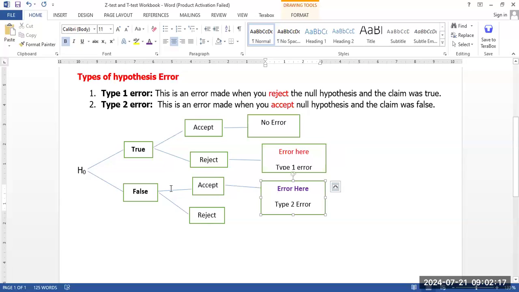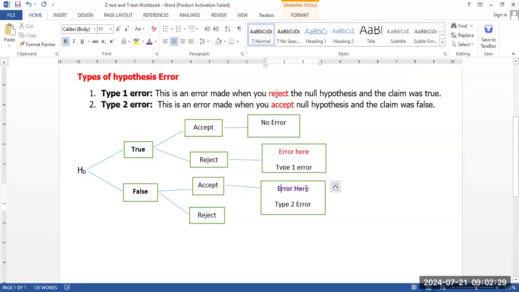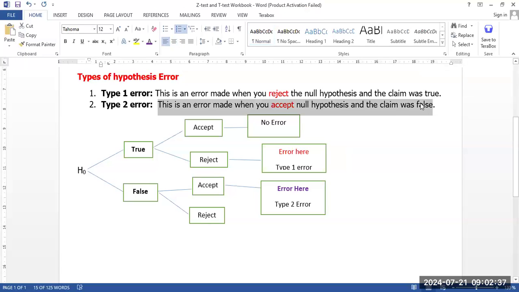So we are saying that if your null hypothesis was false, but you go ahead and accept that null hypothesis, we say that actually you have made an error, and that error is type 2 error. When you read this statement, you can see that this is error made when you accept.